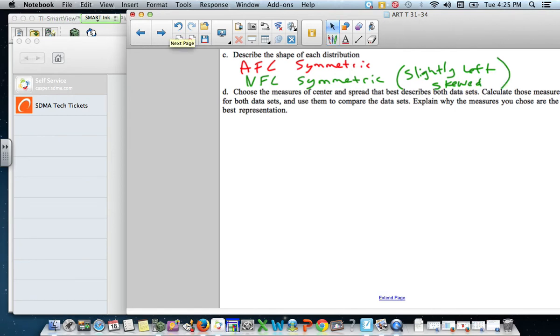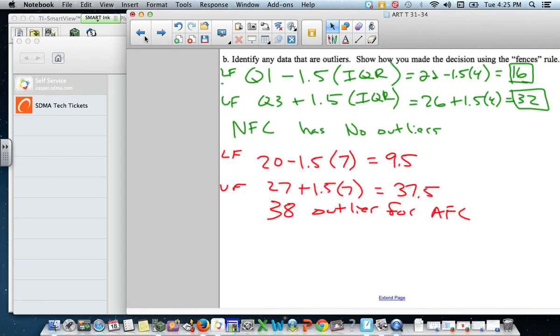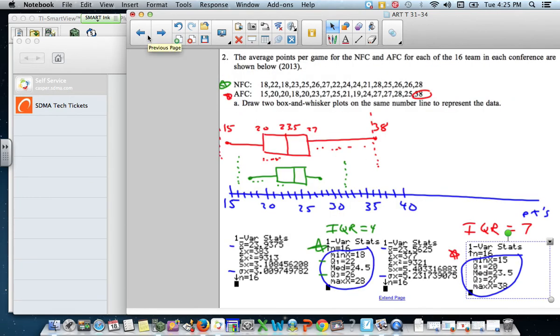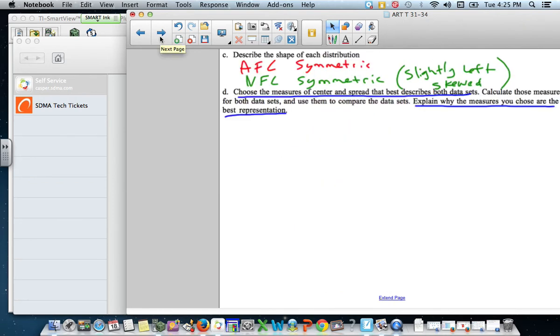So now using that information, it asks us to choose the measure of center and spread that best describes the data, and later explain why those are the best representation. So when we have symmetric distributions with no outliers, we can use the mean and the standard deviation. However, in one of these, we have an outlier. So when that happens, or when one of them is skewed, we should use the median and IQR.